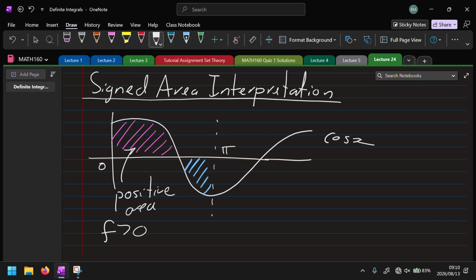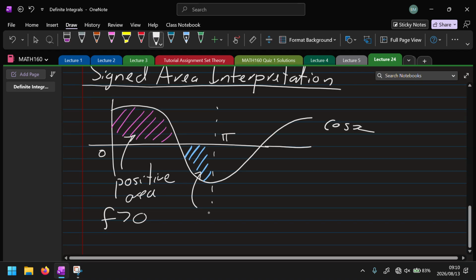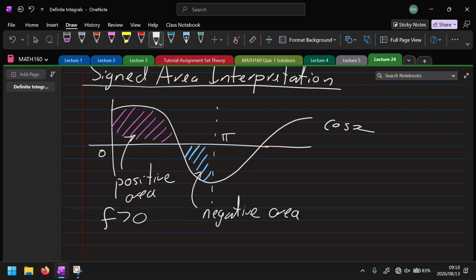Again, it's not the area that's negative, it's the function that's negative. Now the problem is, individually, it makes sense. It's fine. We can work out the positive area, that's fine. We can work out the negative area, that's fine.